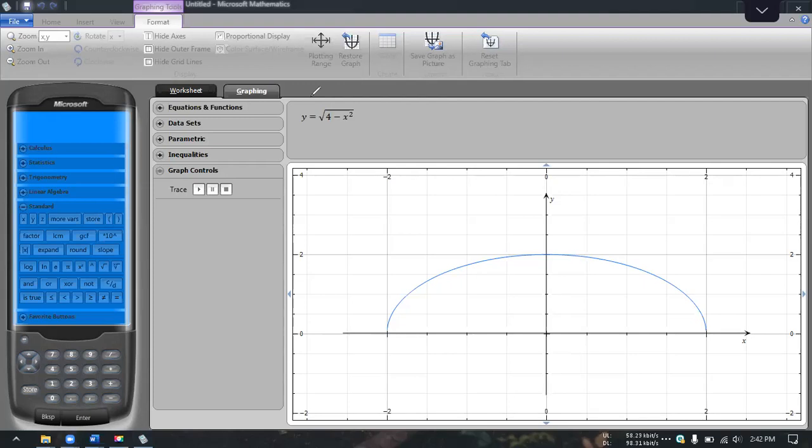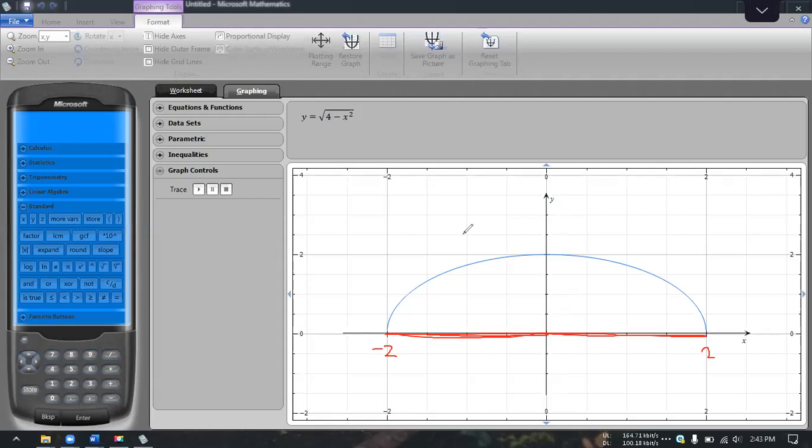So the set of all x such that x is greater than -2 but less than +2. So here are the values of x that the graph passes through.